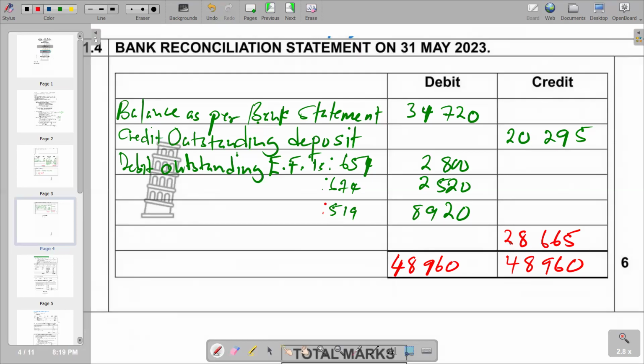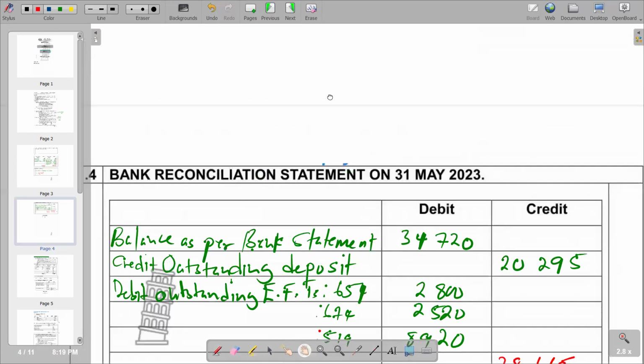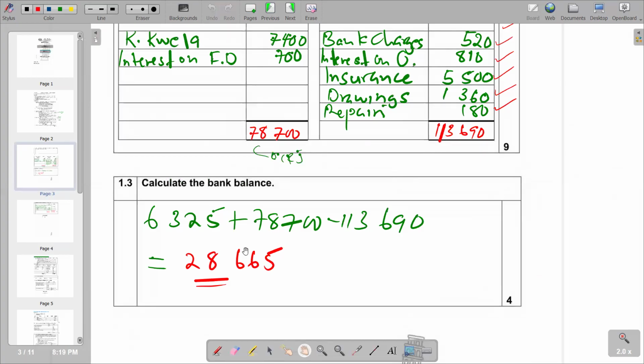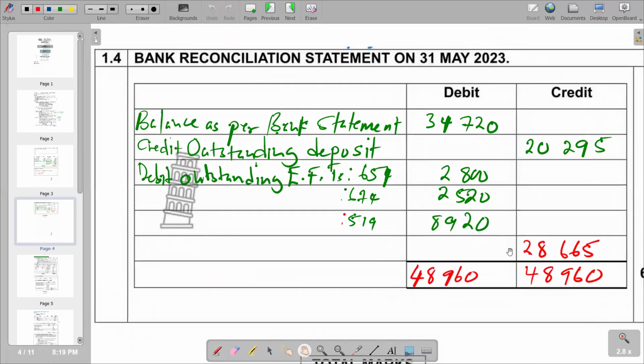And here, the description that we are given, this is now going to be balanced as my bank account. So remember, the balance that we get in the bank reconciliation statement should be the same as the balance that we get in the bank account, which is the balance that we got here. 28,665 is the same as what you have here. So the description that we give here should be the description within the context of our bank account.